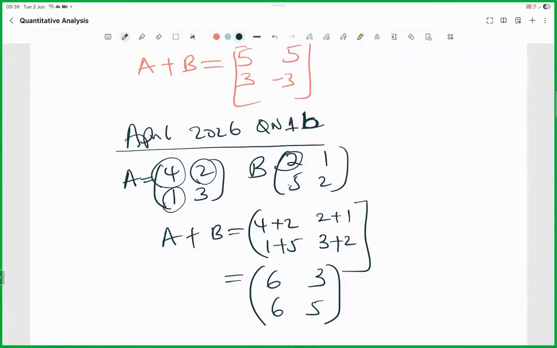Now remember they had given us this. A logistics company in Mombasa manages transportation of two types of goods, A and B, to two destinations, Nairobi and Kisumu. Matrix A represents the number of truckloads allocated to each destination, while B represents cost adjustment factors per route due to changes.